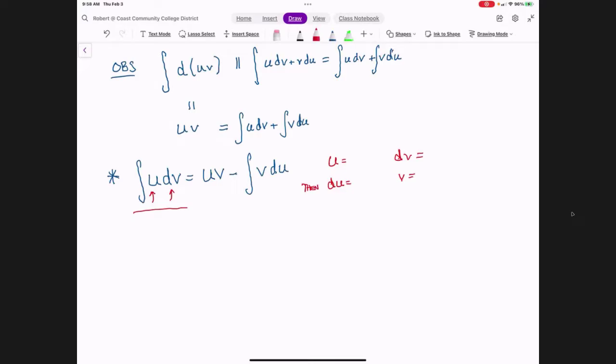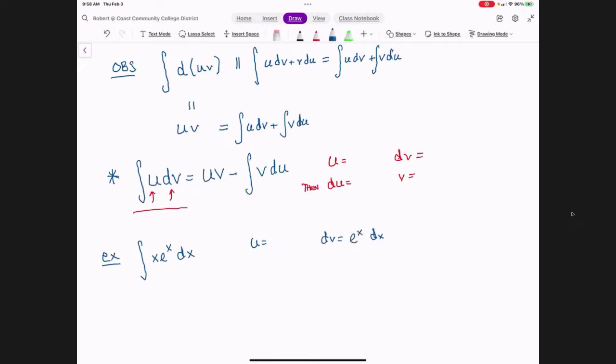Okay, so let's go through the standard example here. This is something that we have not yet looked at, and the reason is because we need this technique in order to pull this off. So what do I need to identify? I need to identify u, and I need to identify dv. Now the entire integrand has to be represented there.